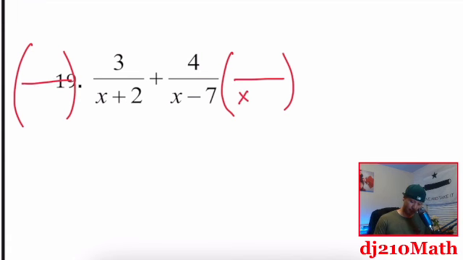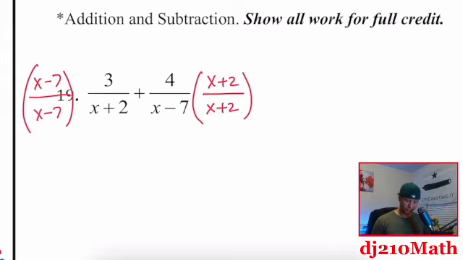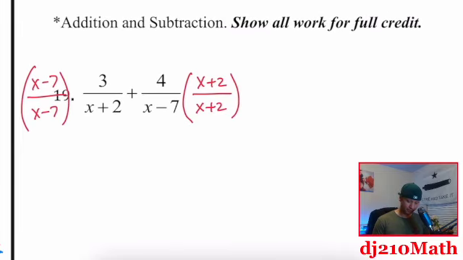This is going to be x plus 2, because that's the other denominator, top and bottom. And then x minus 7. Again, that's the other denominator, top and bottom. So when you combine, you're going to get x minus 7, x plus 2.